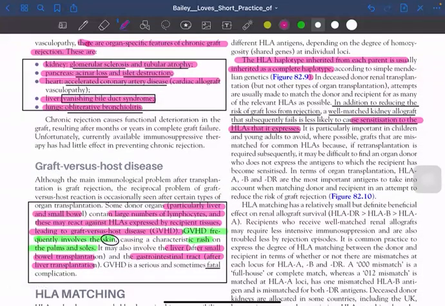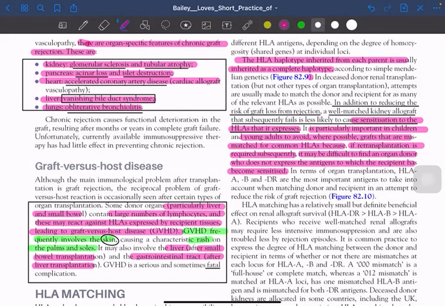It is particularly important in children and young adults to avoid, where possible, grafts that are mismatched for common HLAs, because if retransplant is required subsequently, it may be difficult to find an organ donor who does not express the antigens to which the recipient has become sensitized.